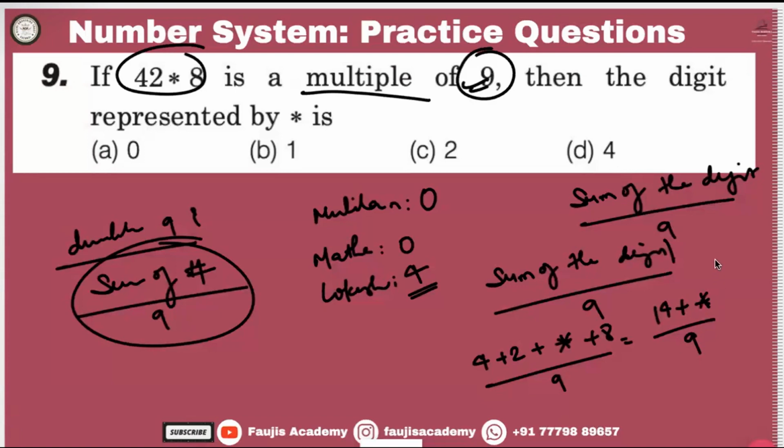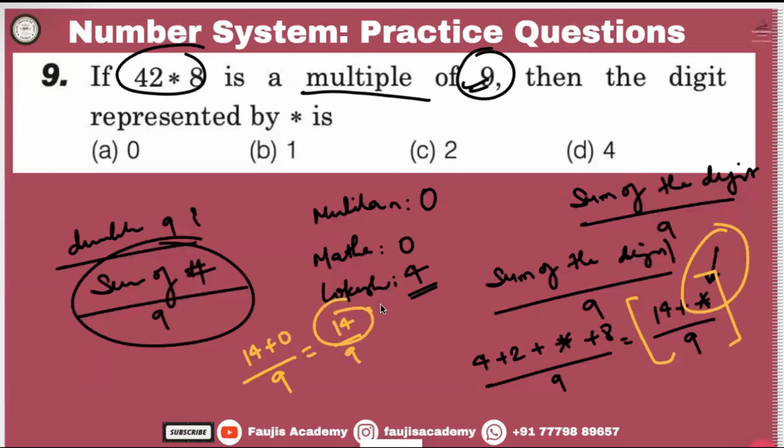So what number should we substitute in place of this star so that this whole thing gets divided by 9? If you put 0, what will happen? Is 14 divisible by 9? Yes or no? No, it's not divisible.